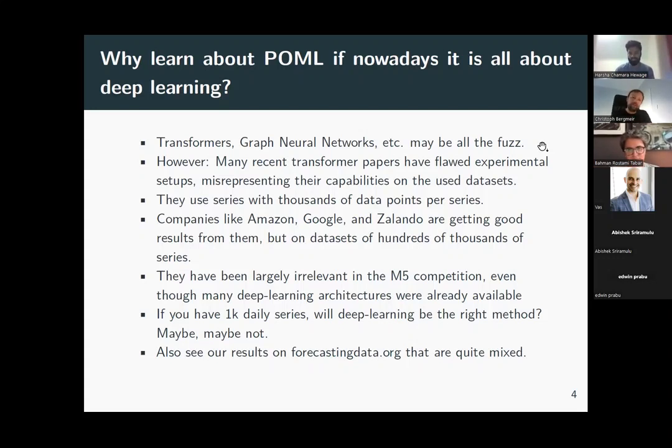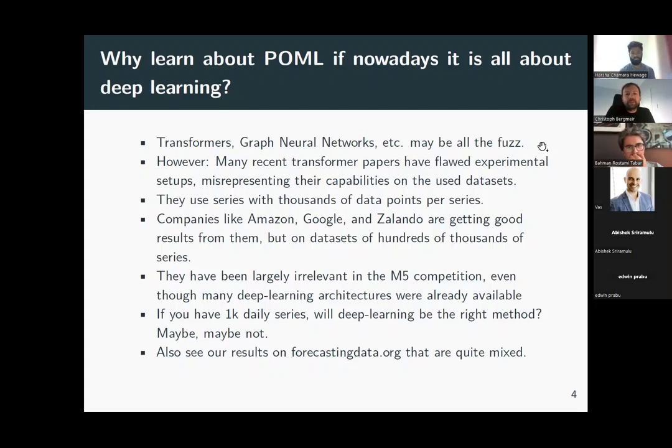Sure, transformers and graph neural networks may be all the fuss, with a lot of papers coming out in this space. However, one thing that I have found is that many of these recent transformer papers have flawed experimental setups, greatly misrepresenting their capabilities on the used data sets, which means their evaluation is often quite weak, and what they promise, they often cannot really hold.